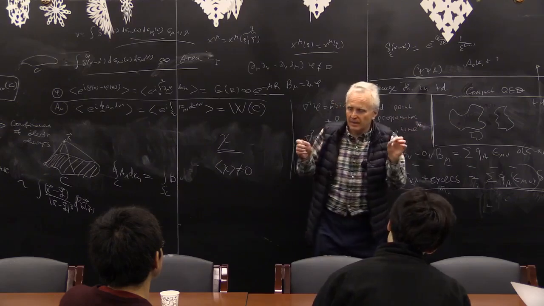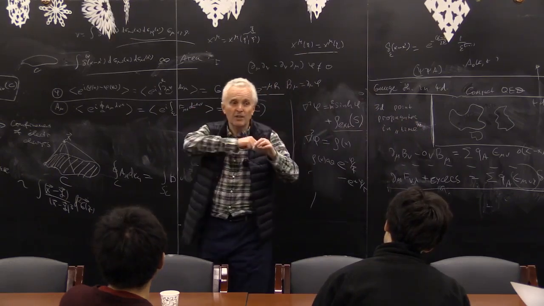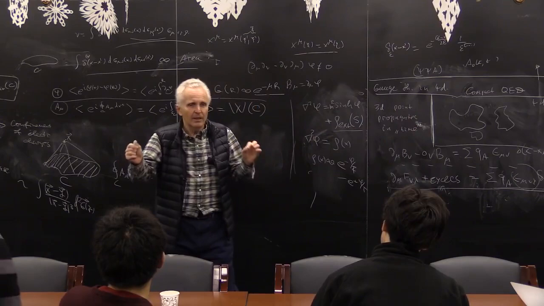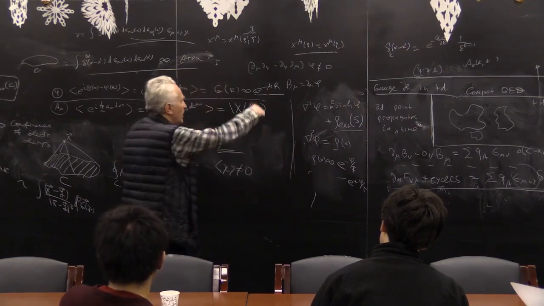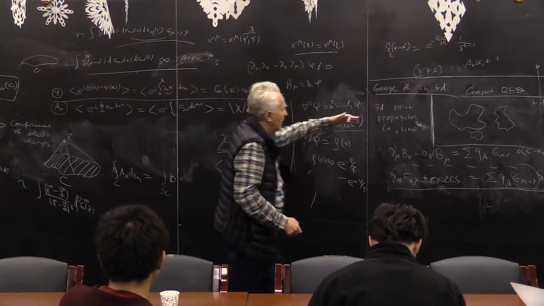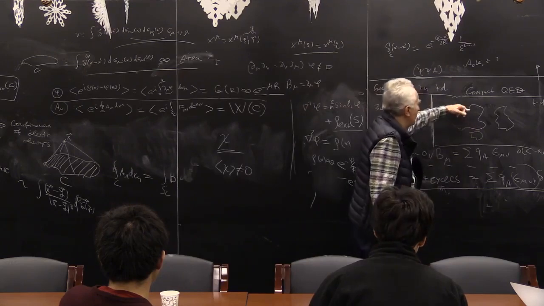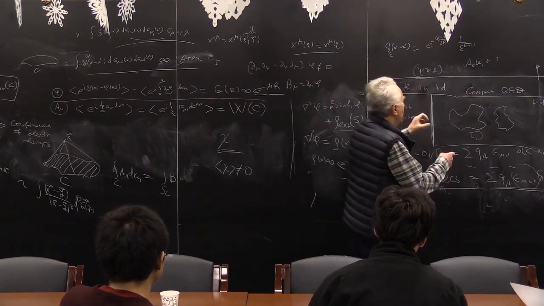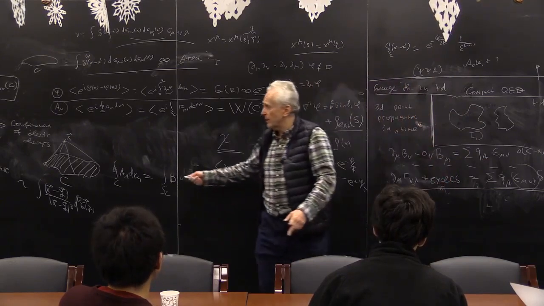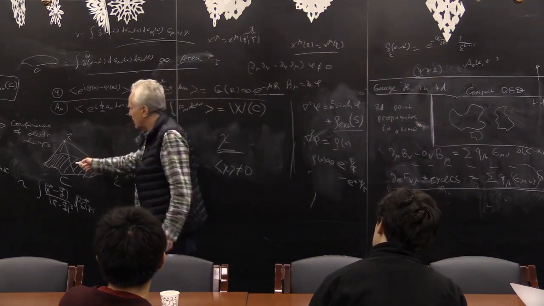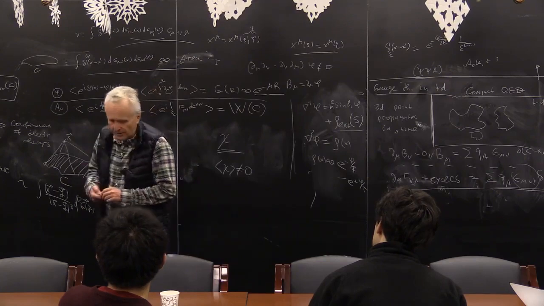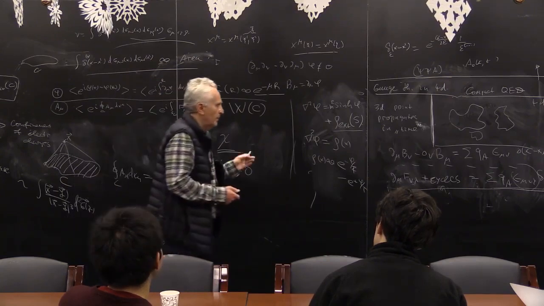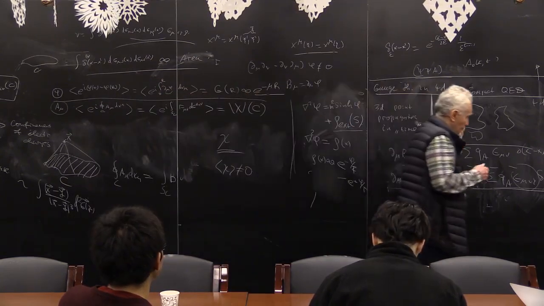And in this condensate of monopoles, electric charges cannot propagate. In this geometrical language it means that there are infinite loops all over the place, and they give a large contribution to the Wilson loop and create the area law.